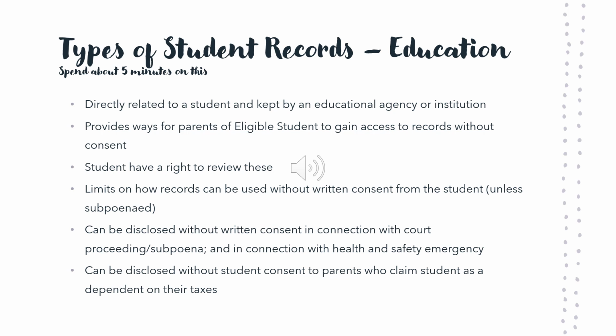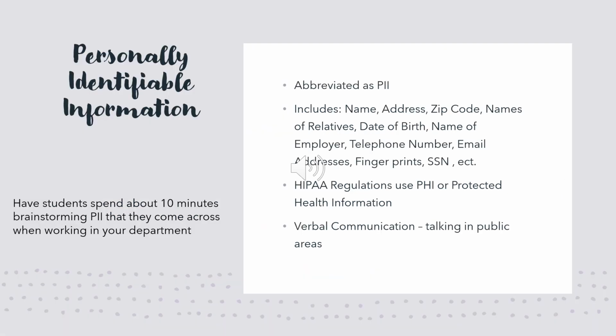They can be disclosed without written consent in connection with court proceedings or subpoenas and in connection with a health and safety emergency. They can also be disclosed without student consent to parents who claim them as a dependent on their taxes. Both types of student records involve either PII, which is personally identifiable information, or PHI, which is protected health information.